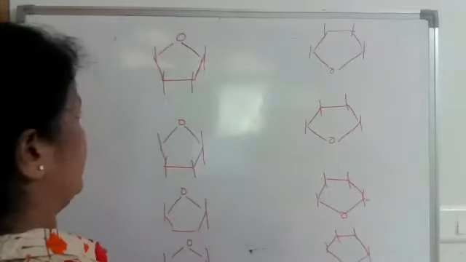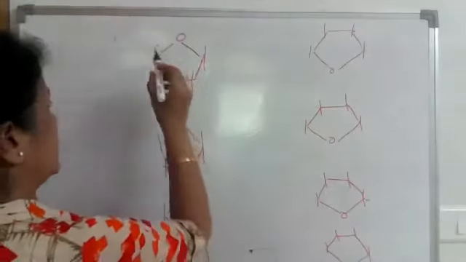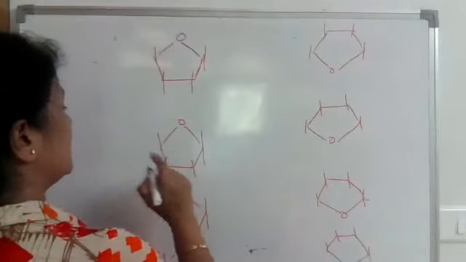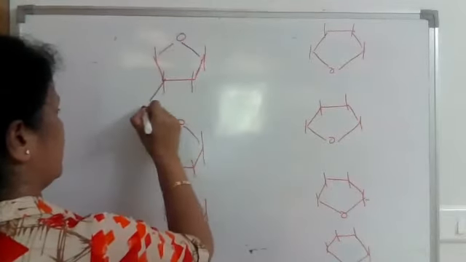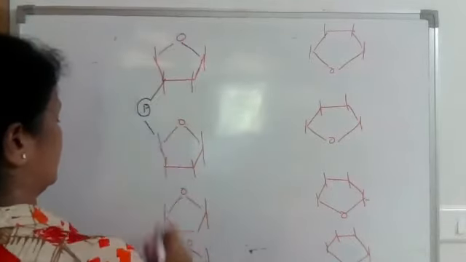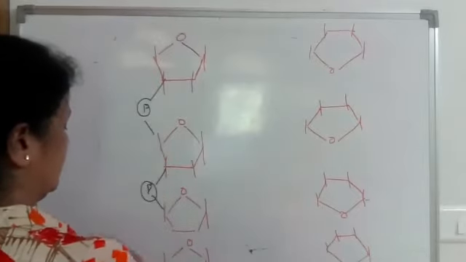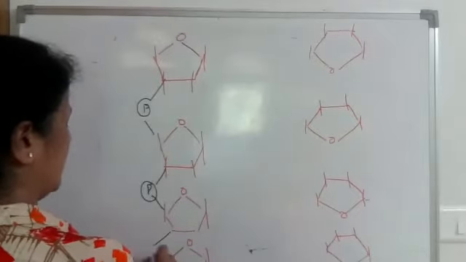Now we will draw the linkage, phosphodiester linkage between carbon 3 and carbon 5. Carbon 3, carbon 5.